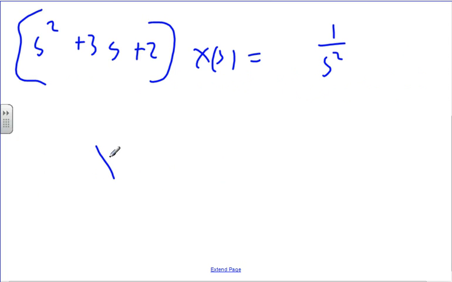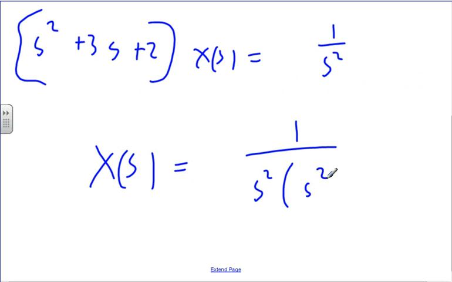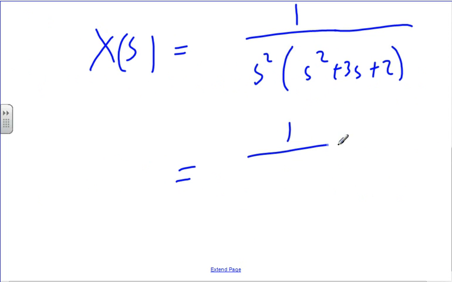And then I've got x of s is 1 over s squared plus 3s plus 2. Okay, and I recognize that as 1 over s squared, s plus 2, s plus 1.